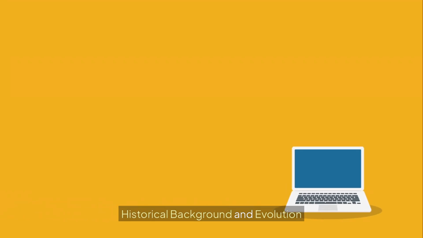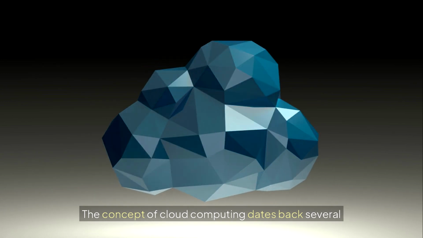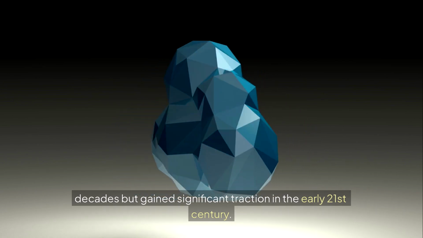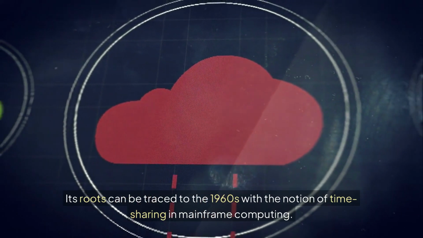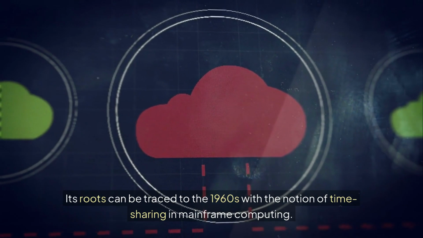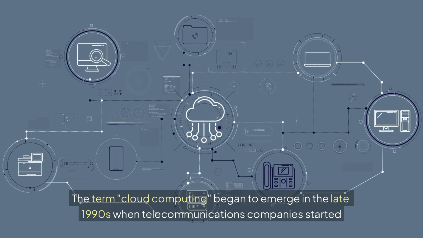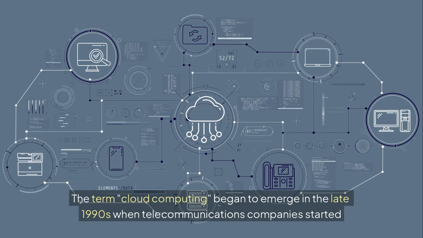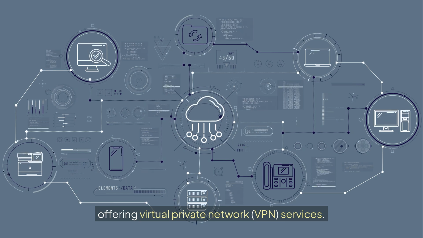Historical background and evolution. The concept of cloud computing dates back several decades but gained significant traction in the early 21st century. Its roots can be traced to the 1960s with the notion of time sharing in mainframe computing. The term "cloud computing" began to emerge in the late 1990s when telecommunications companies started offering virtual private network (VPN) services.